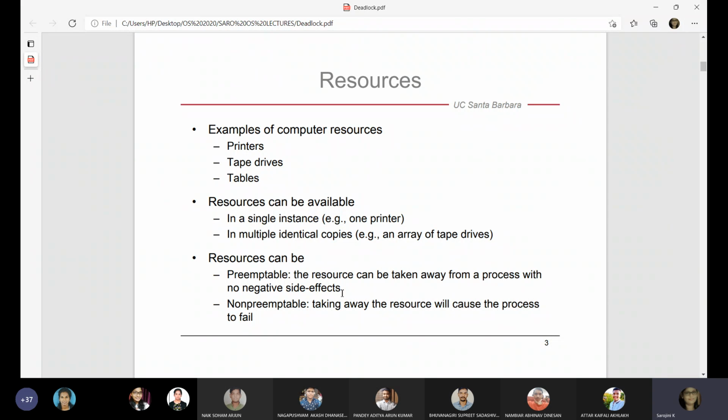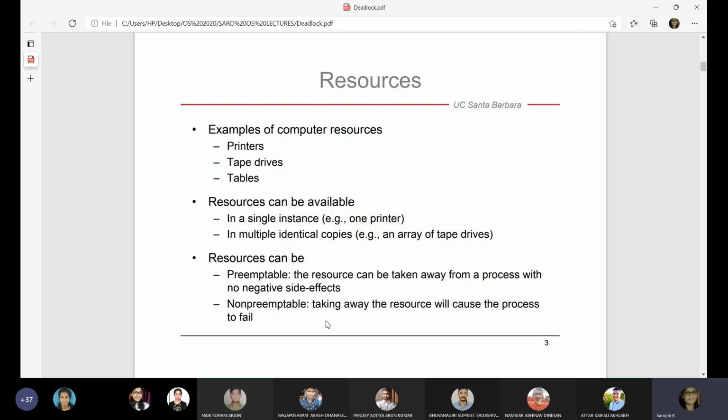We can take R1 away from P1 and give it to P2, or we can take R2 away from P2 and give it to P1. That is allowed in some systems, and in other systems it is not allowed. So you should know whether the system is preemptible or non-preemptible with respect to resources.